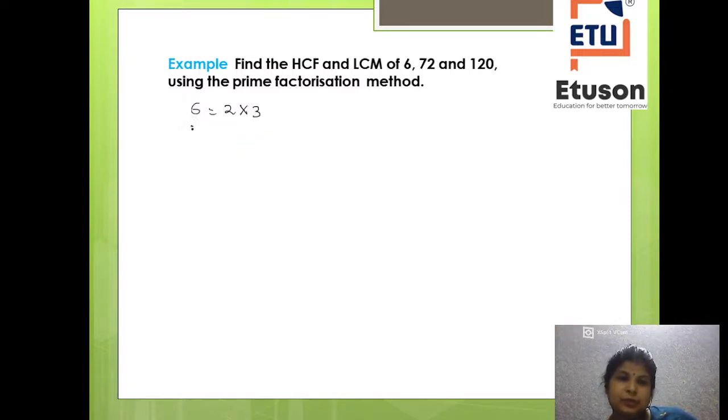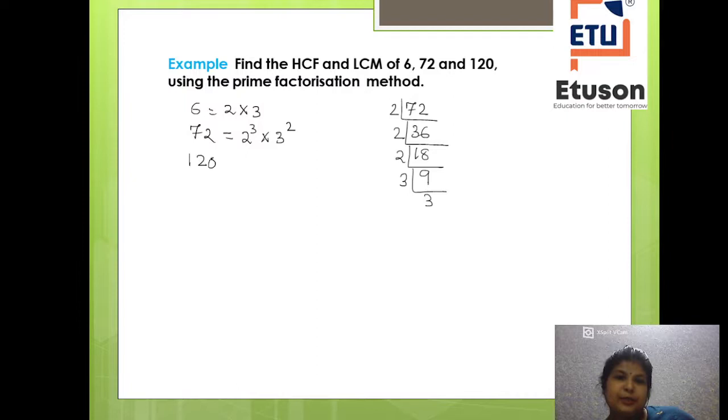Now 72, let us find out. So 2, you will get 36. 2, you will get 18. 2, you will get 9. 3, you will get 3. So 72 is equal to 2 to the power 3 into 3 square.